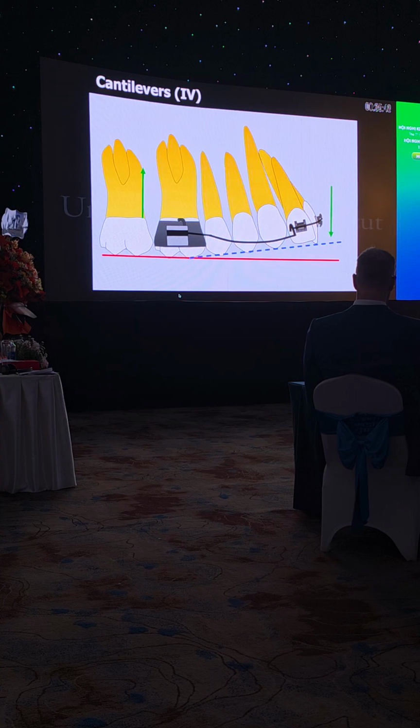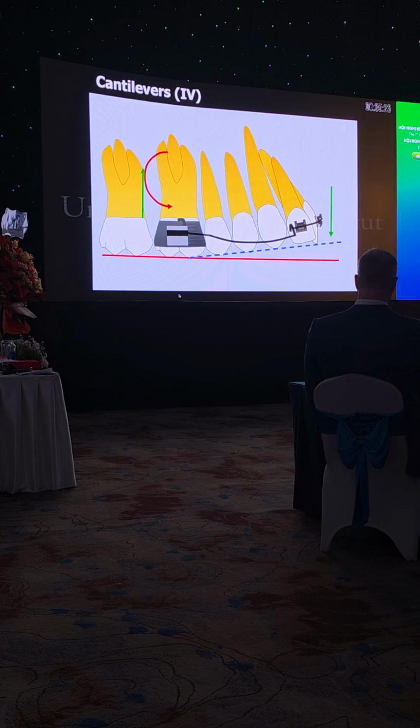The reason I'm showing you this is that any time you place a wire in the mouth, you should know what you are doing. You decide what the wire is going to do, not the wire deciding what it is going to do. So, if I do this, I'm going to have intrusion in the posterior region, and extrusion in the anterior region.